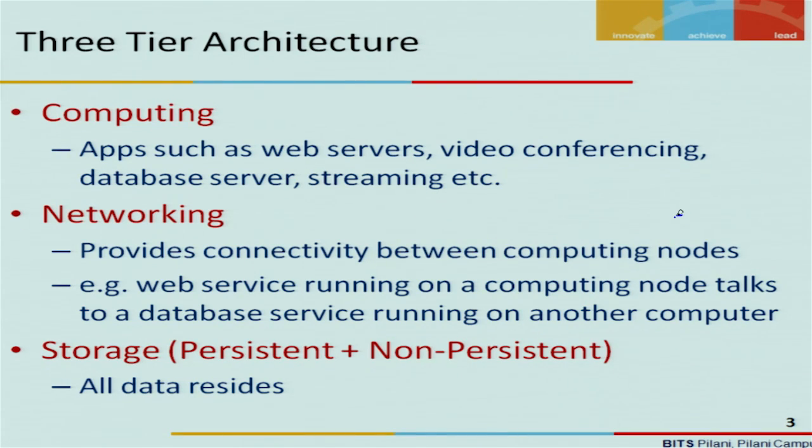Storage is the place where all the data resides, whether it's computational data, which we call non-persistent data, or non-computational data, which is not required immediately but may be required at a later time. So both types of storage are involved, and these are the three layers of the three-tier architecture in general.